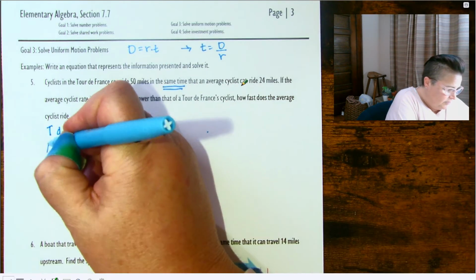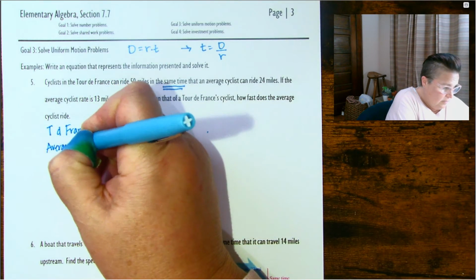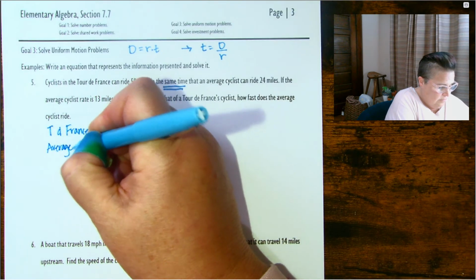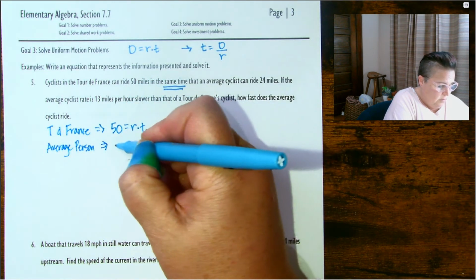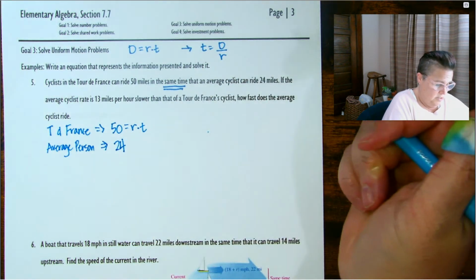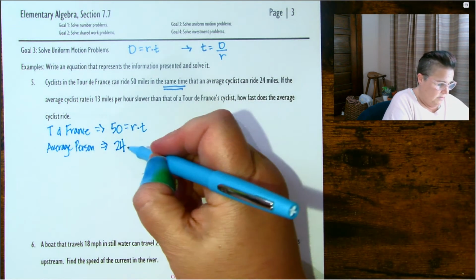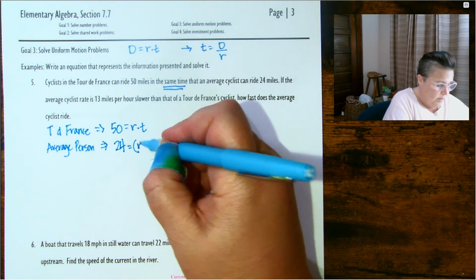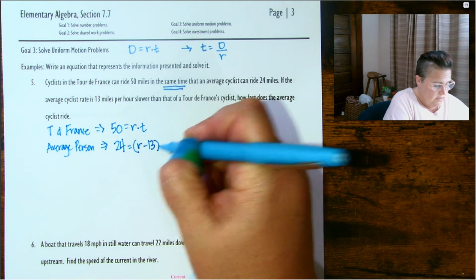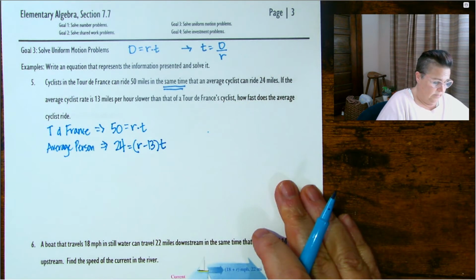The average person is going to go 24 miles, 13 miles per hour slower. So whatever rate it was minus 13 in the same amount of time.